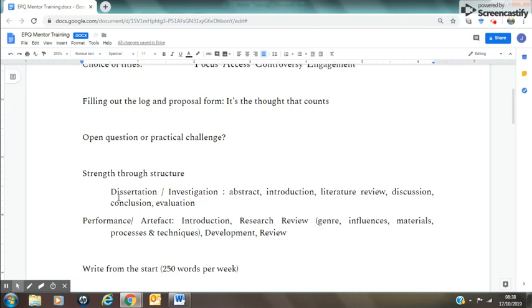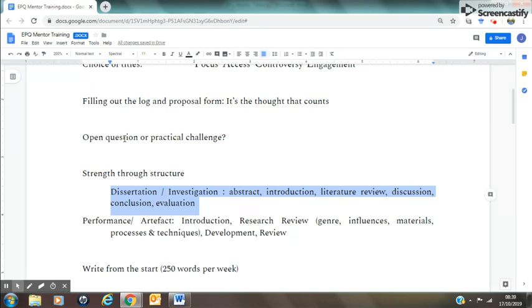I've put here a structure that would work for a dissertation or an investigation project. So this follows the template of a standard university-style academic research project with an abstract, an introduction, a literature review, a discussion, a conclusion, and an evaluation.